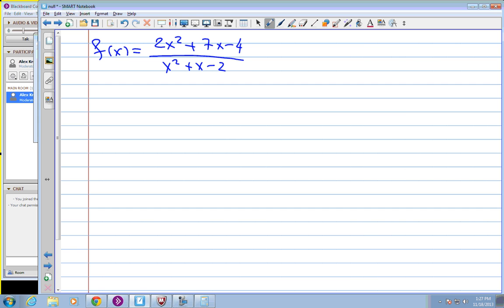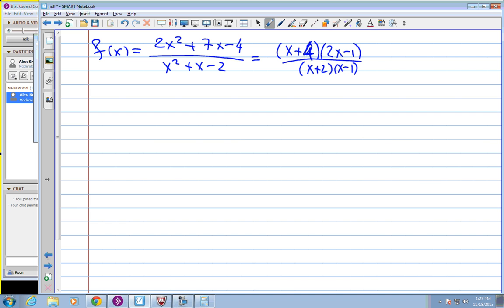Yeah, I should be able to. So probably x plus 4, 2x minus 1, and the bottom is x plus 2, x minus 1. So it's always helpful if you factor.